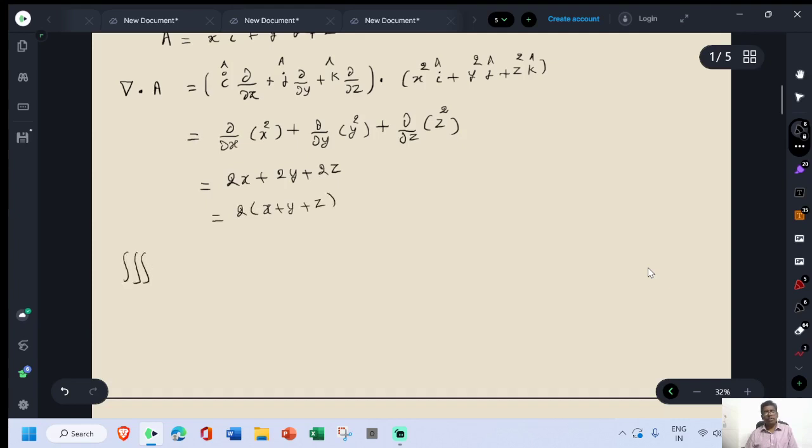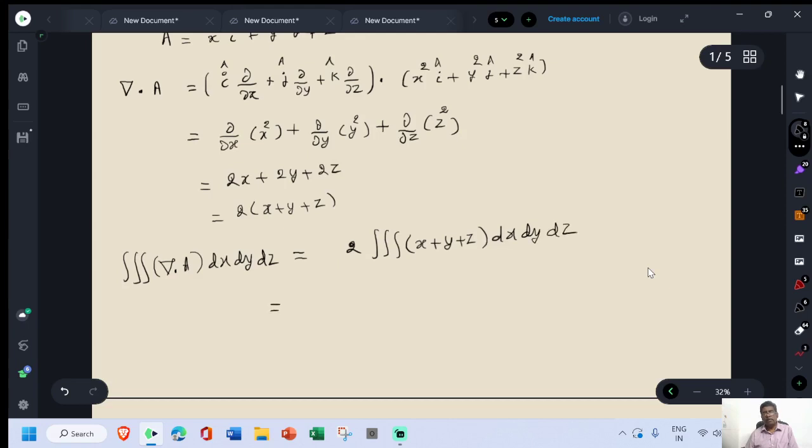Now triple integral of del dot A dx dy dz equal to 2 into triple integral of x plus y plus z into dx dy dz.